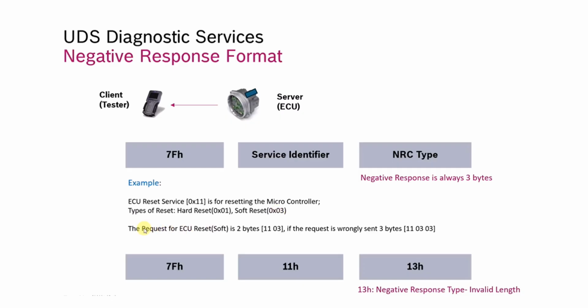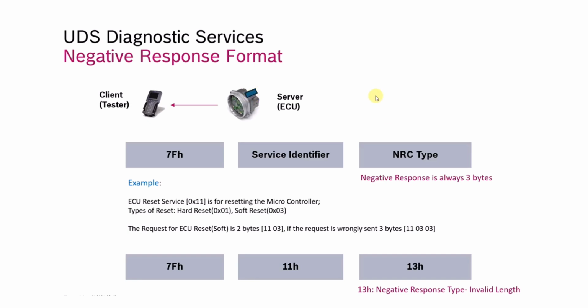In case, instead of sending 1103, I send 110303, we were supposed to send 2 bytes: one is the SID 11 and 03 is a subfunction. Instead of sending 2 bytes, I am sending 3 bytes. If the request is sent wrongly with 3 bytes, how should the server respond?